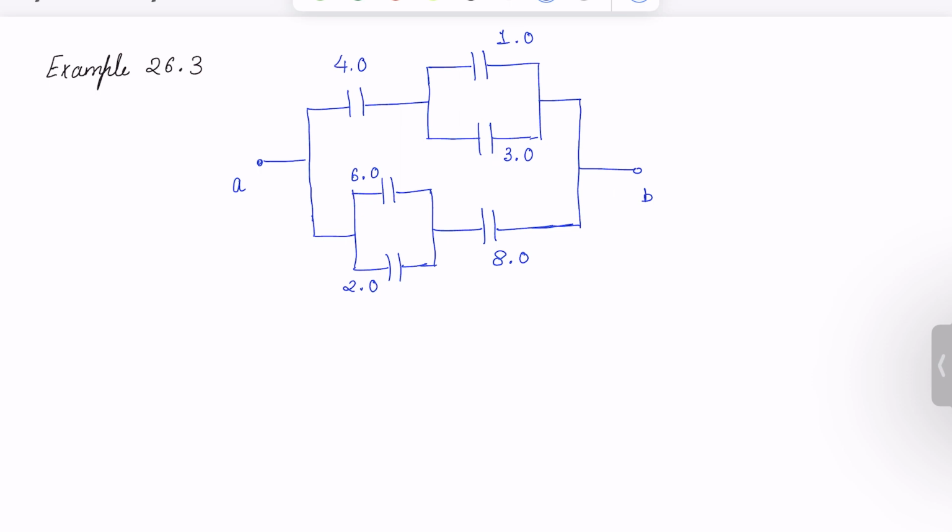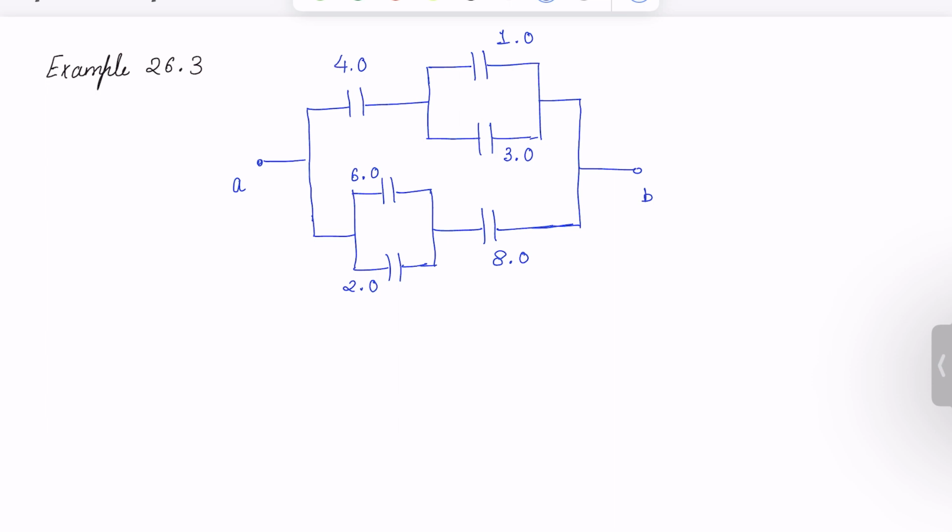So we have this example 26.3 from your book, and this is a classic example of finding equivalent capacitance of a circuit where you've got all the capacitors in some kind of combination. Either some of them are in parallel, some of them are in series to each other. So you've got a lot of things going on here, and all you need to find out is the equivalent capacitance.